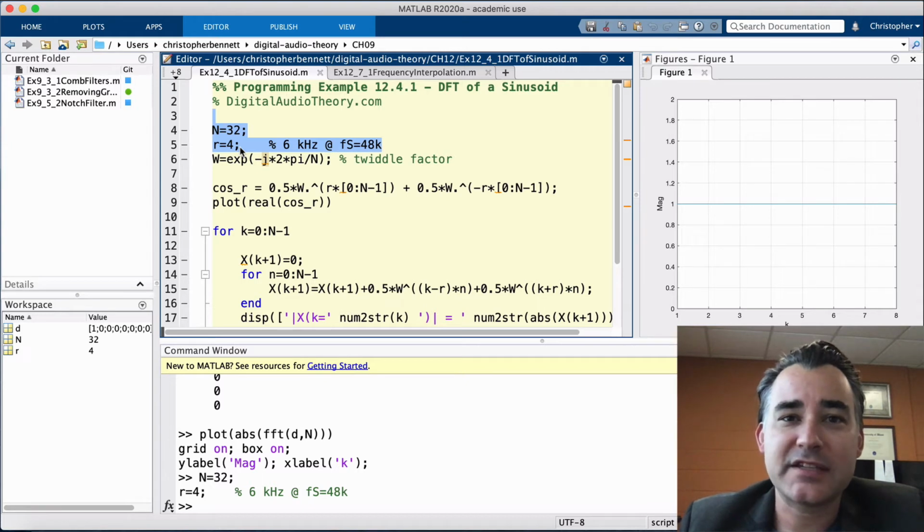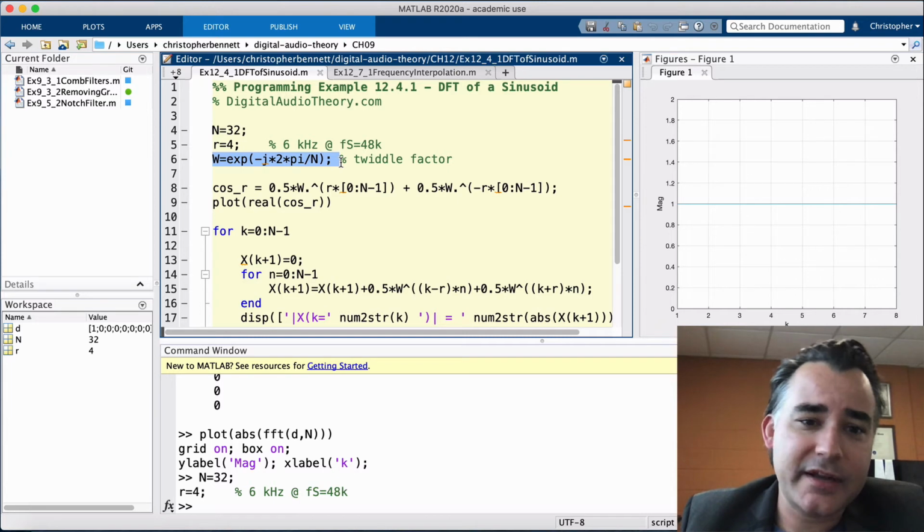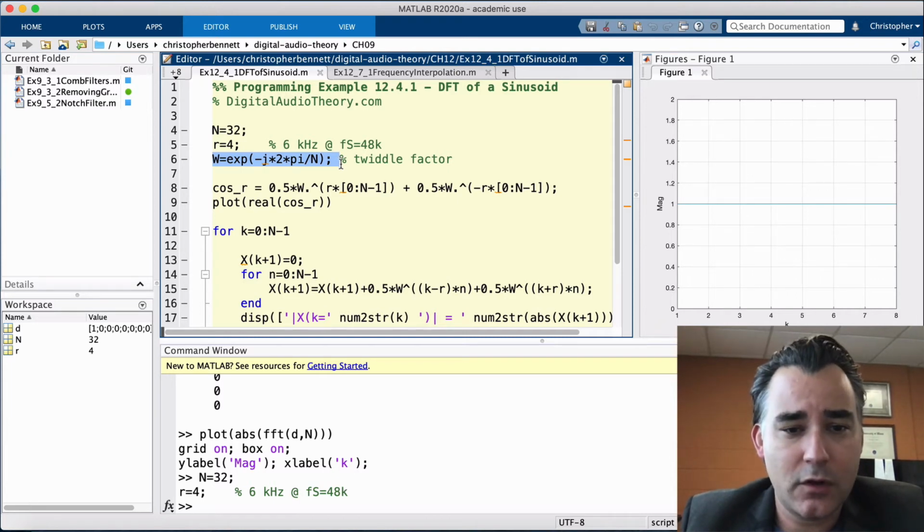Next, we know that according to Euler's theorem, a cosine can be split into two complex phasors in the form of exponentials, each with half the magnitude, but with one having opposite phase. So in other words, we can represent a real cosine just like this. Half the magnitude, half the magnitude. Here is our e to the minus j2 pi over N. One will be raised to the positive r times n.